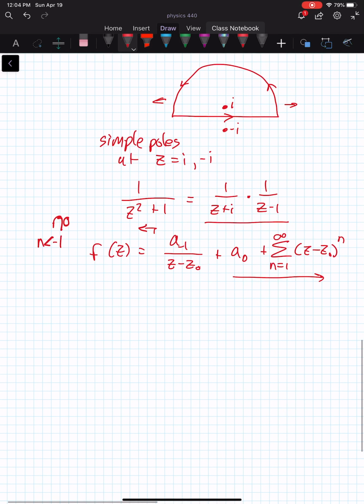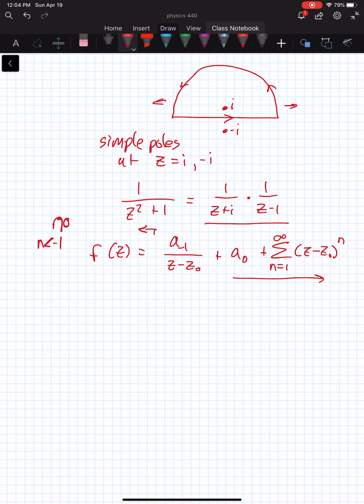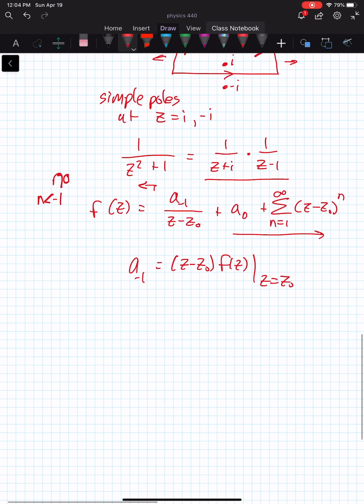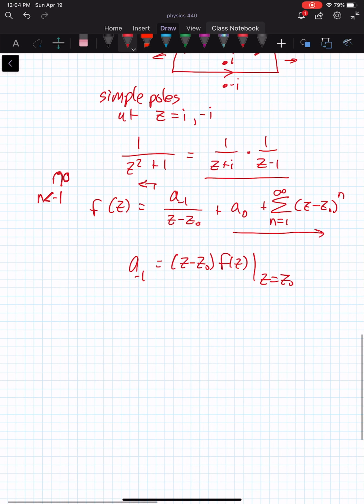So we're considering this part of the plane. A minus 1 is equal to z minus z naught times f of z, evaluated at z equals z naught, as the limit goes to z equals i.